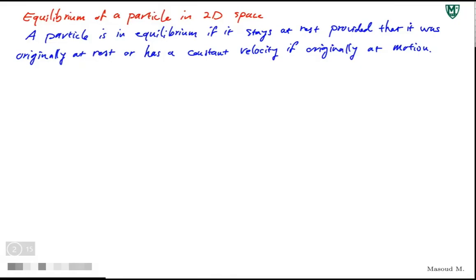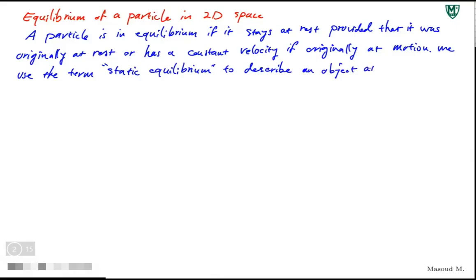But we use the term static equilibrium specifically, or better to say, to describe an object or particle at rest. So if it's at rest, static equilibrium. But the general word, equilibrium, means it can be at rest or can be moving with a constant velocity.